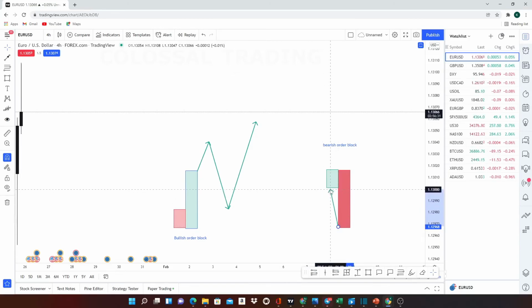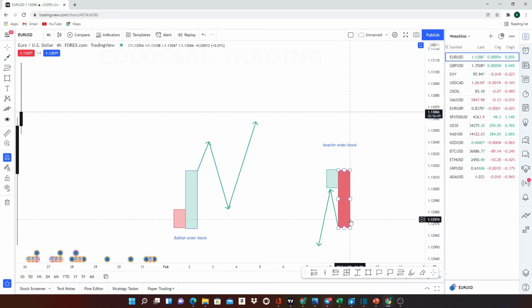Price starts to come back here and touch this candle's wick or body. You can choose which one you prefer. I personally prefer the body, but sometimes it might not go all the way to the body. It might just touch the wick of the candle, and we can see a continuation on the lower side. That makes sense?